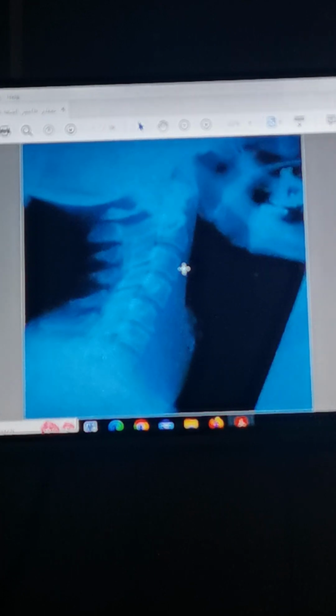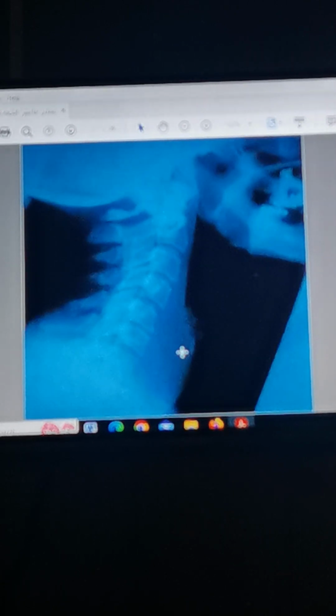This is normal. If you see this distance from here to here, it is definitely more than half of the corresponding vertebra. It is even more than the vertebral body as a whole. So there is an increase in the prevertebral soft tissue shadow in comparison with the corresponding vertebra.